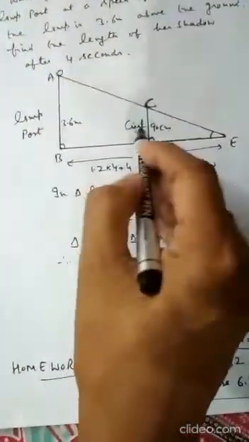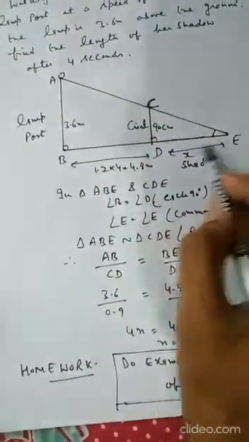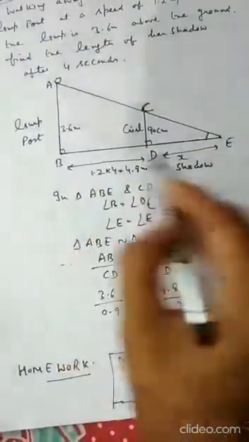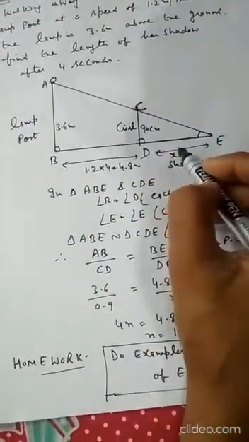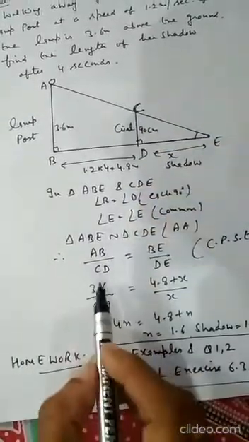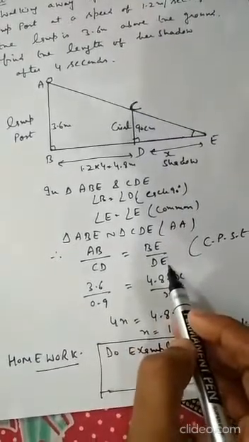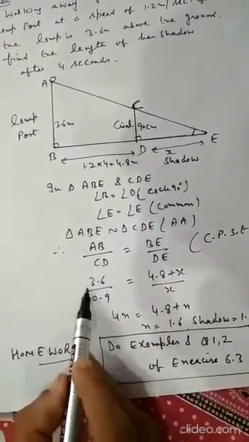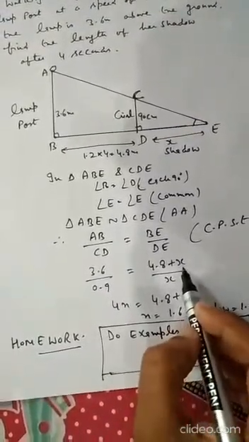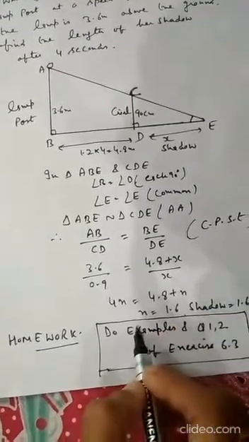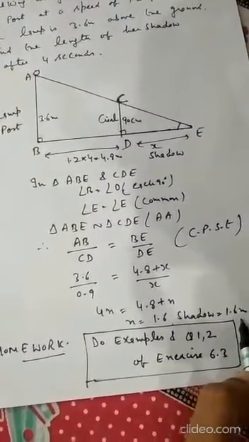AB by CD, the corresponding side of the other triangle CDE. Then BE by DE. BE is the side of ABE and DE is the side of CDE. So we have AB by CD is equal to BE by DE. Now put the values. AB 3.6, CD 0.9, BE 4.8 plus X and DE is X. After simplification we get the length of the shadow as 1.6 meter.